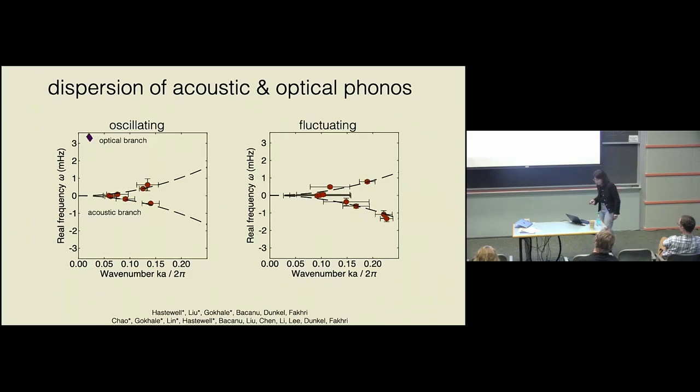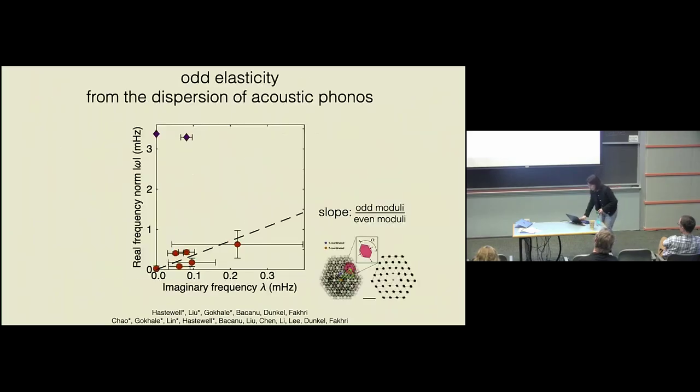Now, one other thing is that the frequencies have both the real part as well as the imaginary part. One thing to note is that the ratio between the imaginary and the real part actually gives you the ratio between odd and even moduli within the system, which is very consistent with what we measured from looking at just the structure from the defect strain fields.